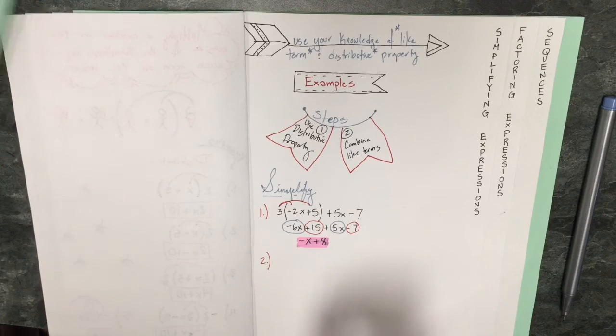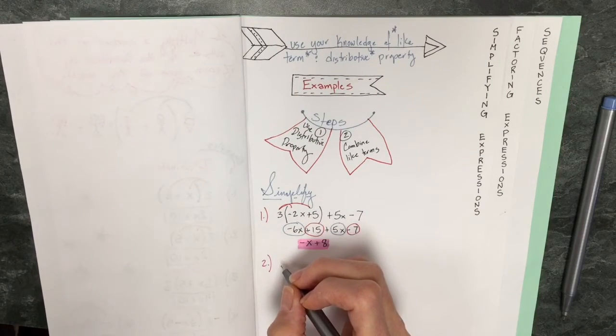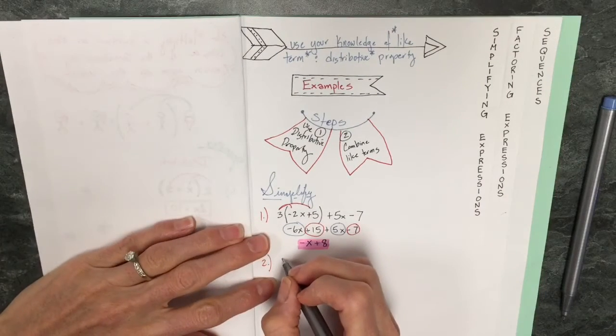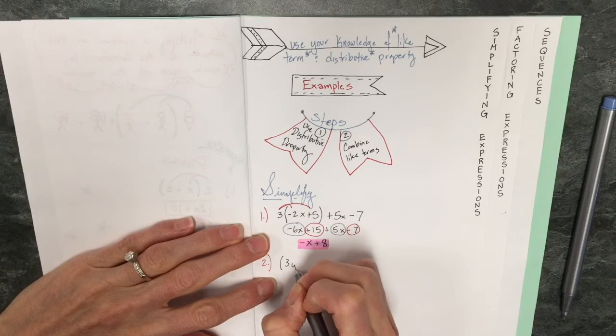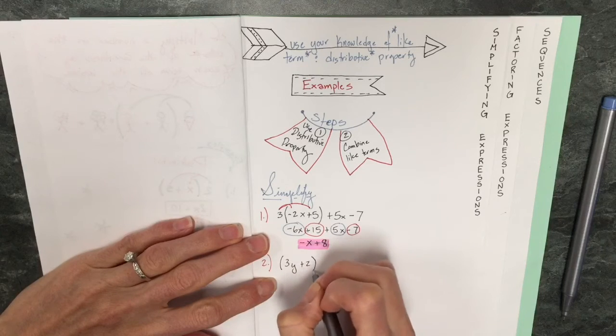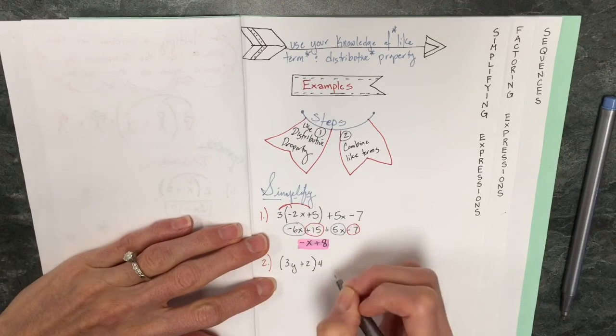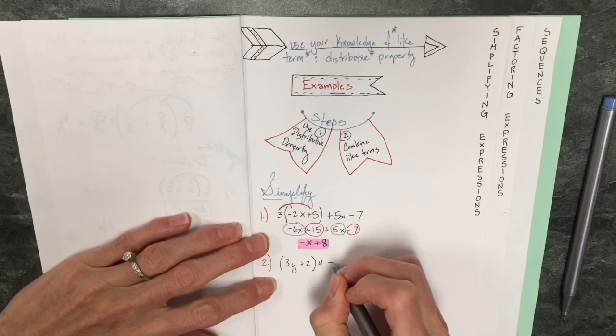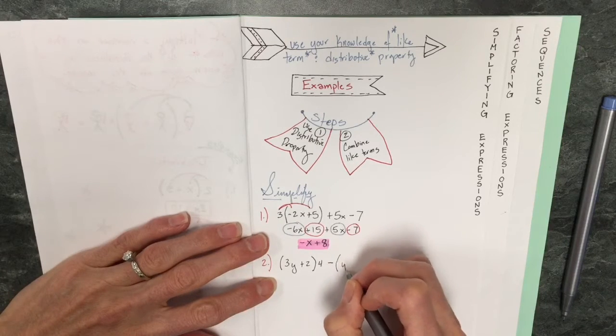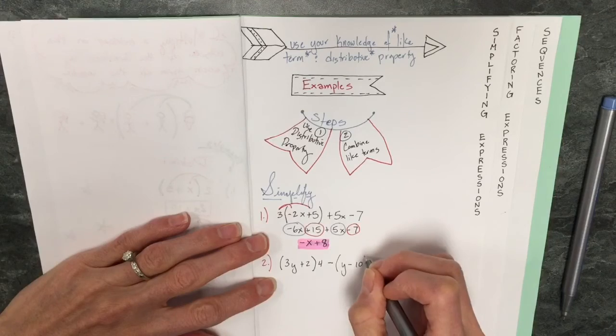Another example is 3y plus 2, in parentheses, times 4, minus y minus 10.